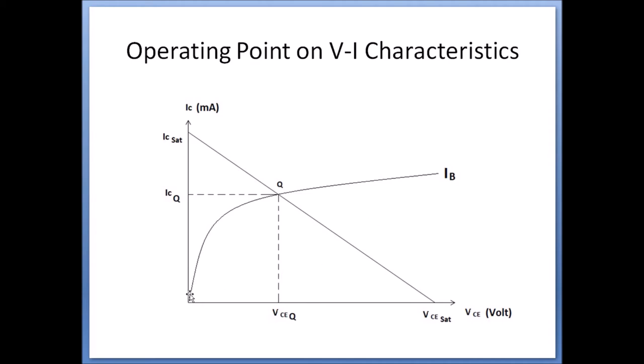Now again draw the IB curve, which is a parabolic curve. Now the intersection point of load line and the IB curve is called the Q point or quiescent point, or you can say operating point. So the coordinate of this Q is VCEQ, ICQ, or the operating value of VCE voltage and IC current.